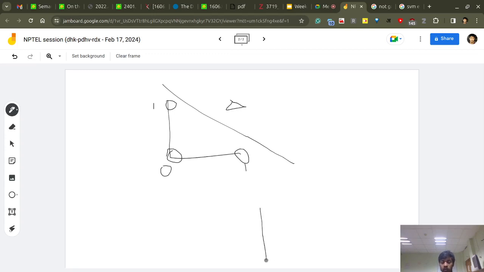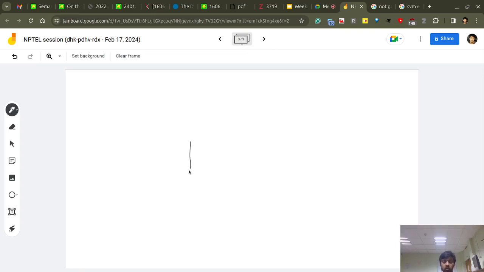Let's go for XOR. For 0, 0 XOR, what would be the output? 1. So it is 1 for OR, but for XOR it will be 0, no?